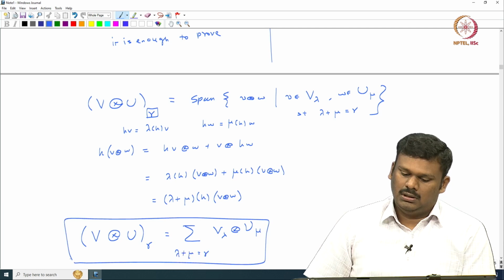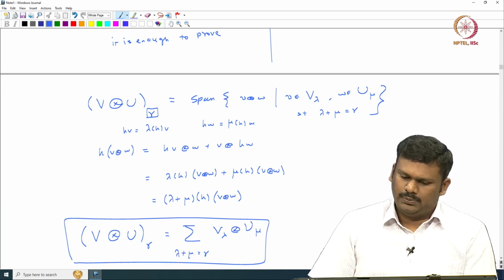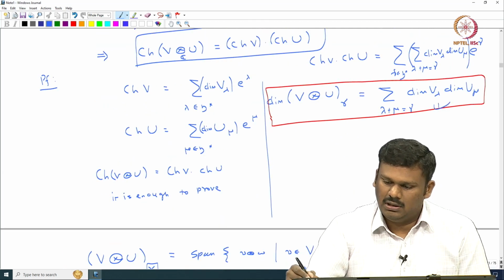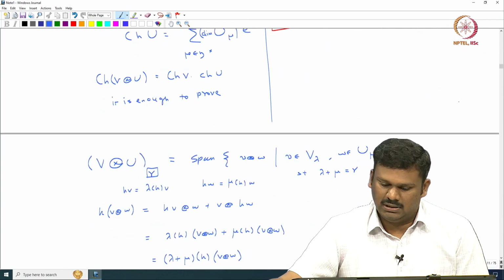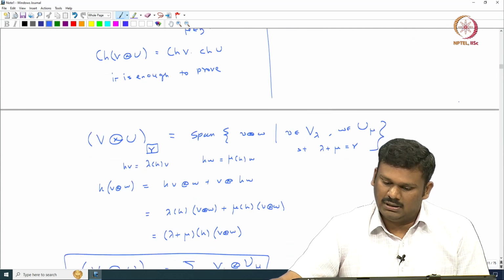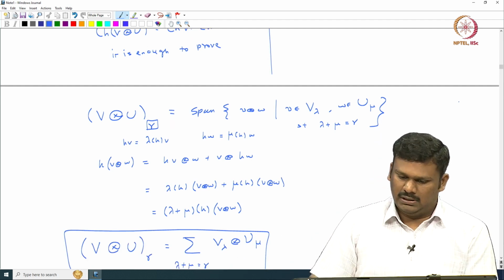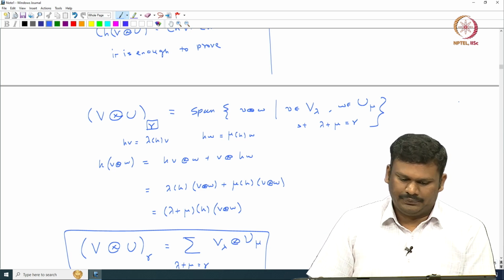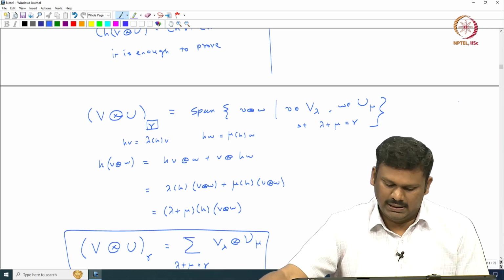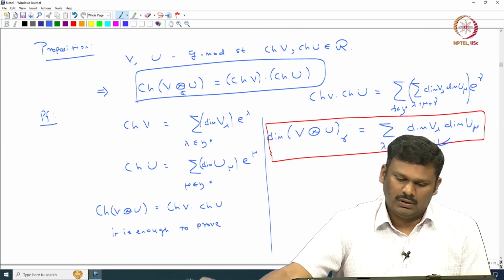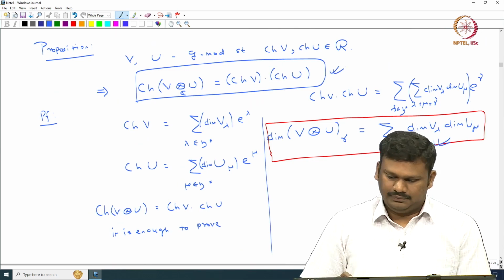That proves that the dimension of this gamma weight space is just a sum of the dimensions, because if you take a basis of V and a basis of U, then we get a basis of V tensor U by taking the tensor product of the corresponding basis elements. So, that says that the character of V tensor U is nothing but the character of V times the character of U. This is very important.